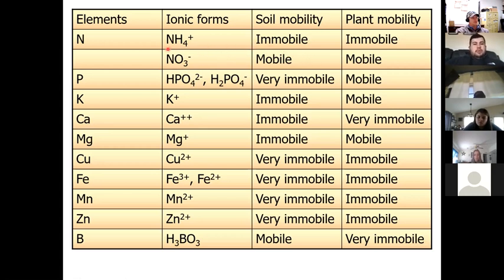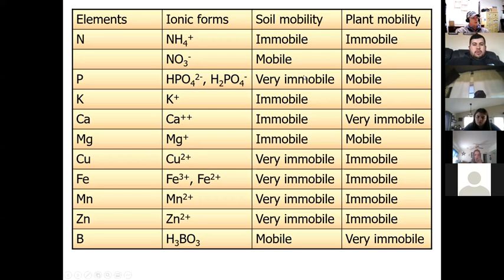Because it leaches. So we know this already, right? That nitrate is mobile in the soil. That means it can leach, it can move around. It's also fairly mobile within the plant, okay? And if we know that something is mobile or immobile in the plant, it tells us a lot about where we can find certain deficiencies.